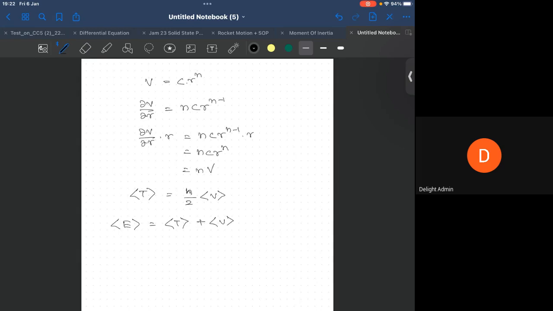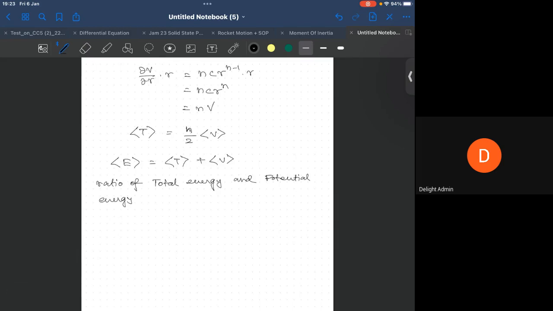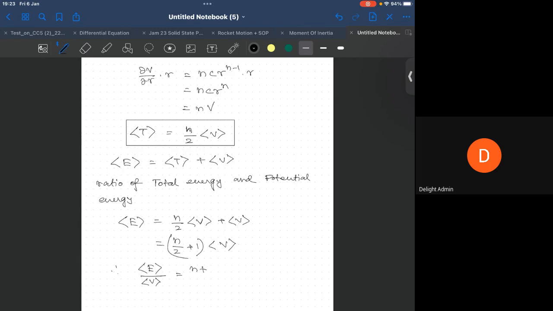If I want to find the ratio of the total energy and the potential energy, I will find it easily. Since T equals n by 2 V, E is n by 2 V plus expectation of V, so this will be n by 2 plus 1 times expectation of V. So expectation of E upon expectation of V is n plus 2 by 2.